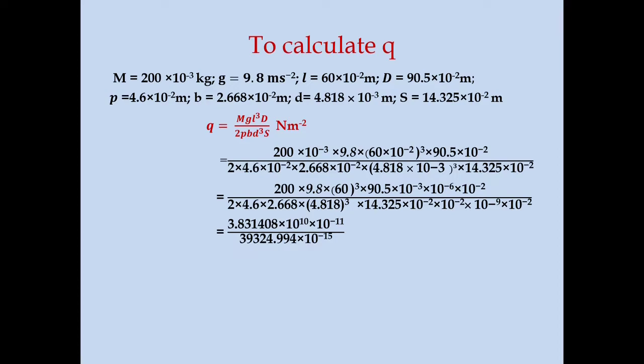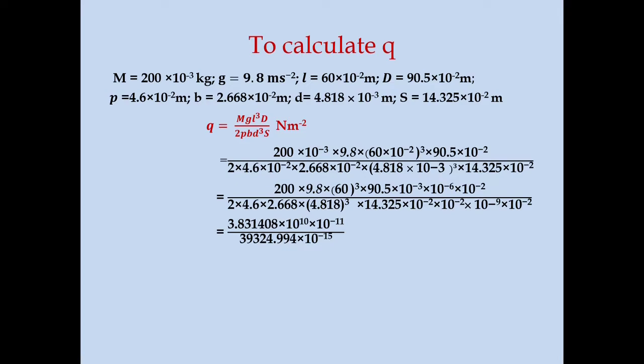So students, most of you miss the exponential power when you compute it using a scientific calculator. So you will get 10 power 10 from the numerator, and the other powers minus 3, minus 6, minus 2 will give you 10 power minus 11.